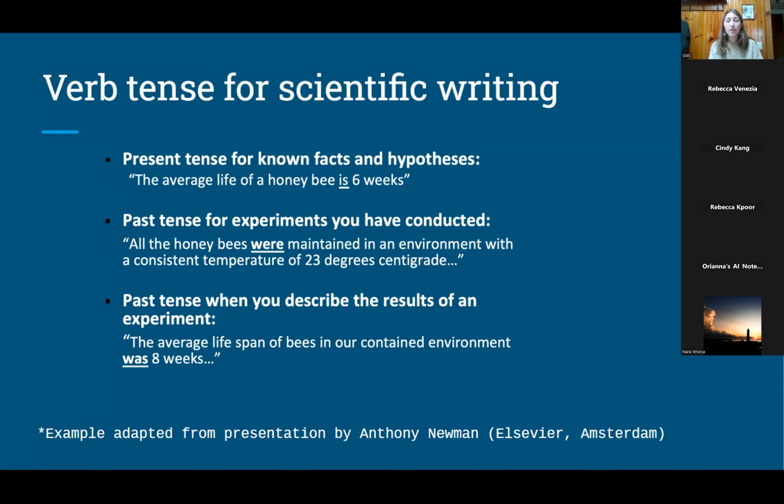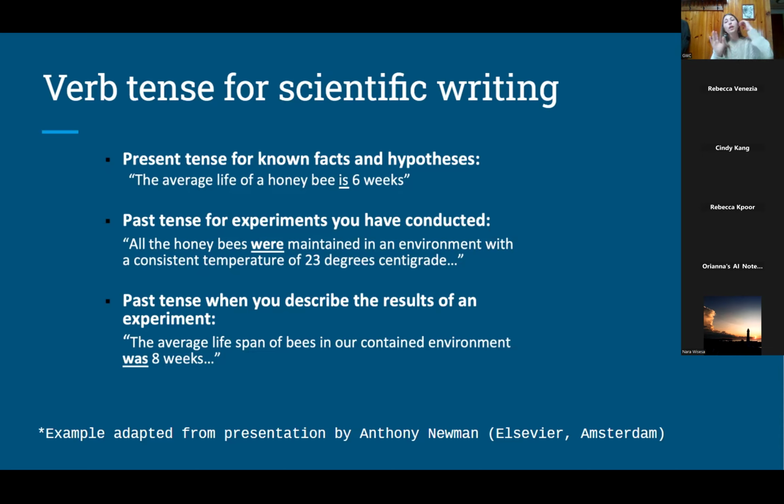But then the next two things, which is where you're talking about basically your methods and results, those can have different tenses. So keep in mind for your methods, if you're talking about experiments that you already conducted, then you're going to use past tense. So here they say all the honeybees were maintained in an environment with a consistent temperature of 23 degrees centigrade.